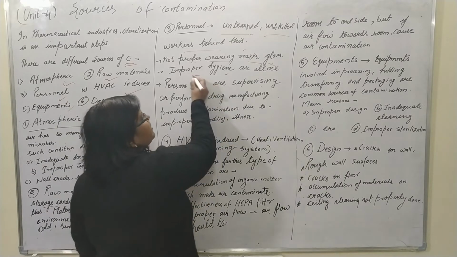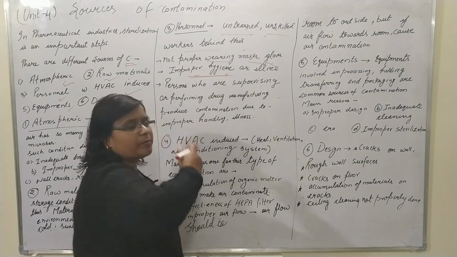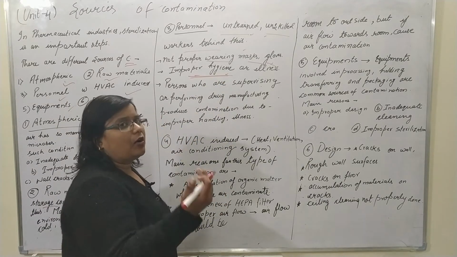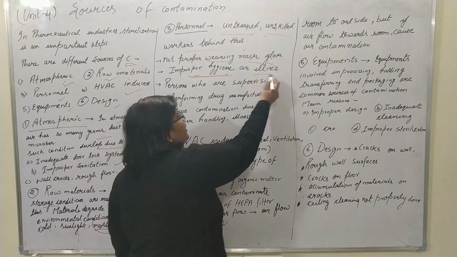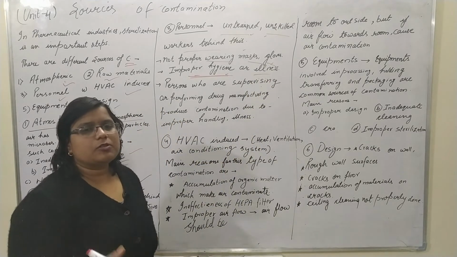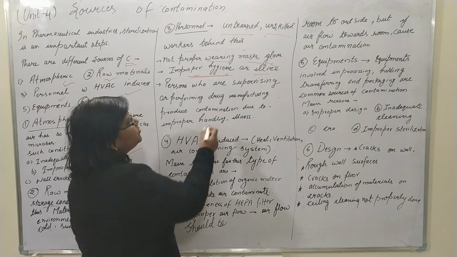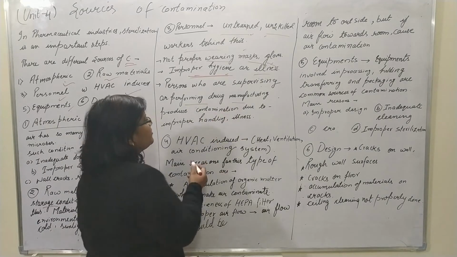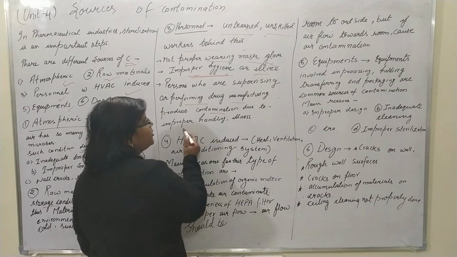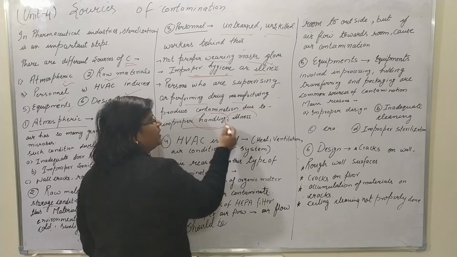If they do not have proper hygiene, or if they have some illness, there will also be chances to contaminate our product. Persons who are supervising or performing drug manufacturing produce contamination due to improper handling and illness.